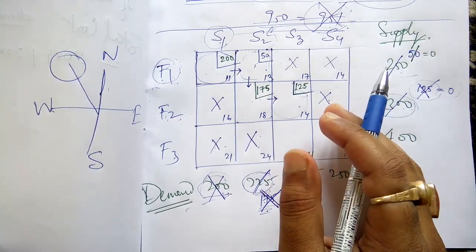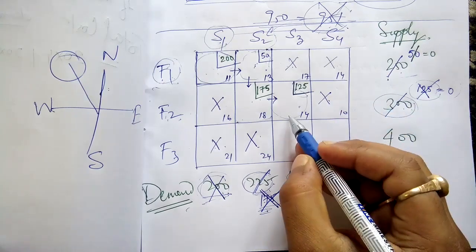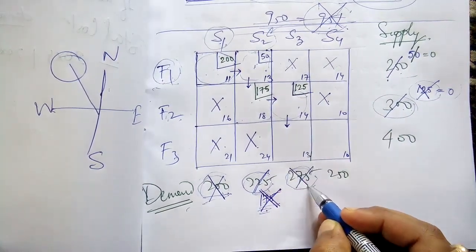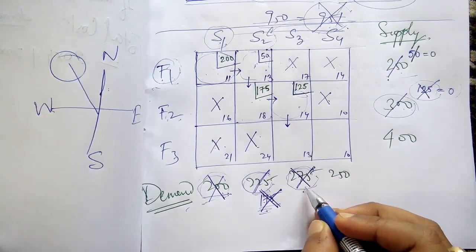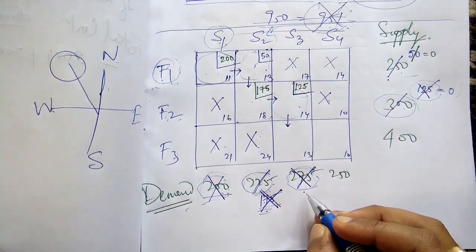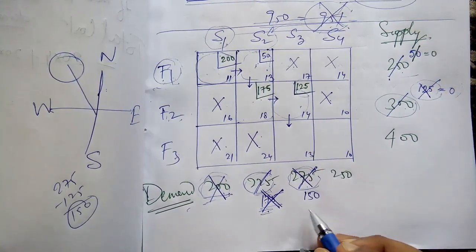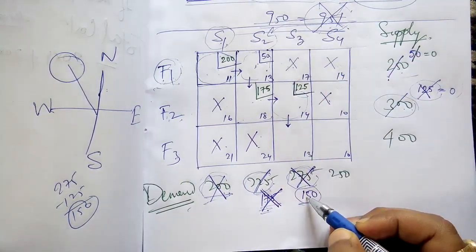Because it does not have any goods to give to store number 4. Now you come here. Is this demand fulfilled? Not fulfilled. How much more is left? 275 minus 125, that is 150.